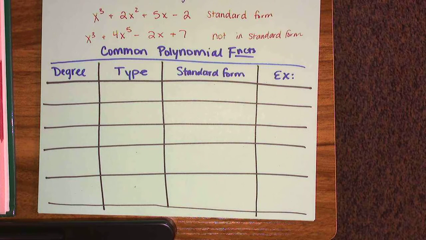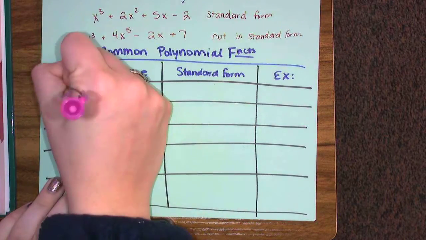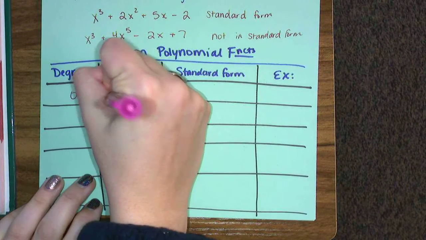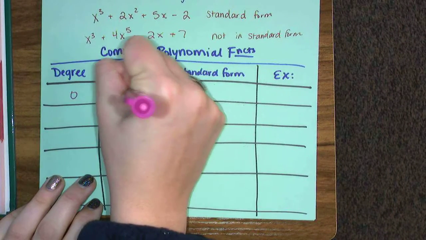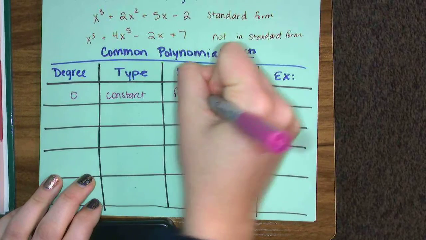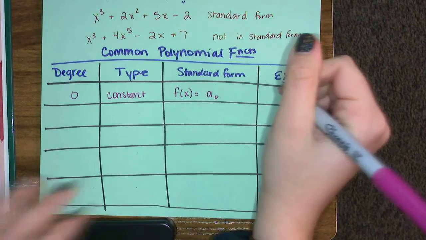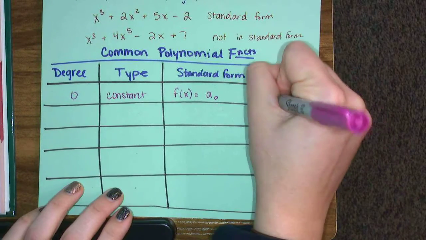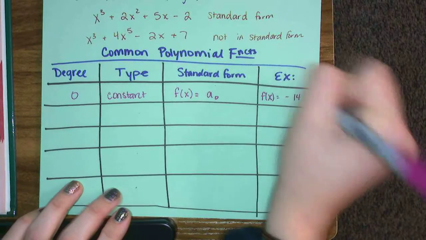Okay. Alright, I'm going to work my way left to right and just start. So the first one is degree 0. Type is constant. F of x is equal to a sub 0. Example, f of x is equal to negative 14.